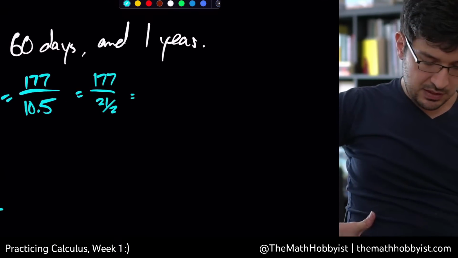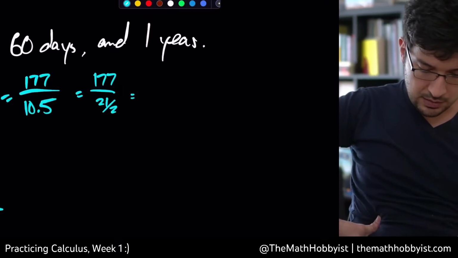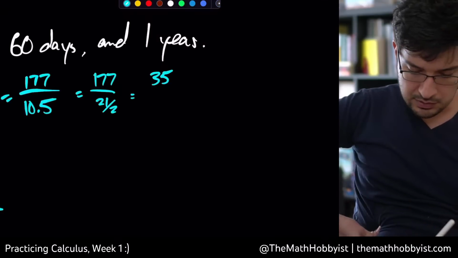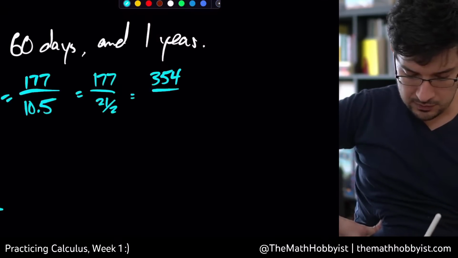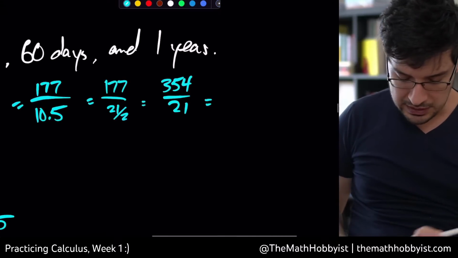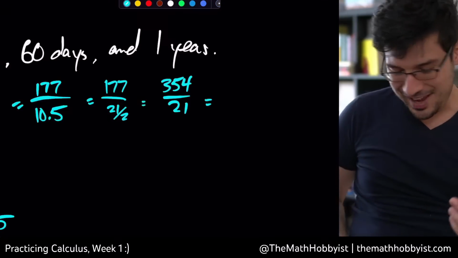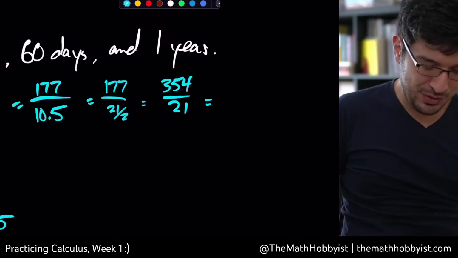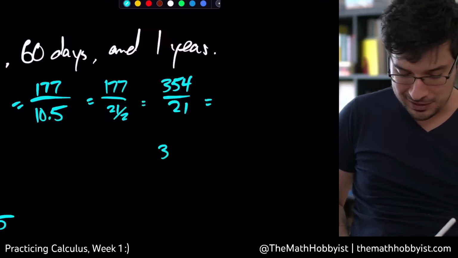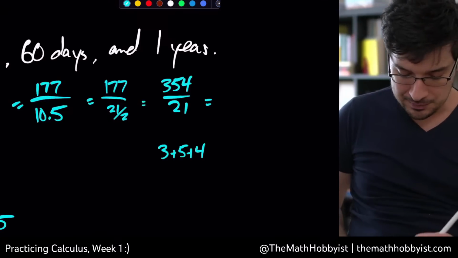Doubling 177 is 340 plus 14, 354 over 21. Let's see, both of those are divisible by 3, if we're just having fun with it, right? How do I know 354 is divisible by 3? 3 plus 5 plus 4 is divisible by 3.